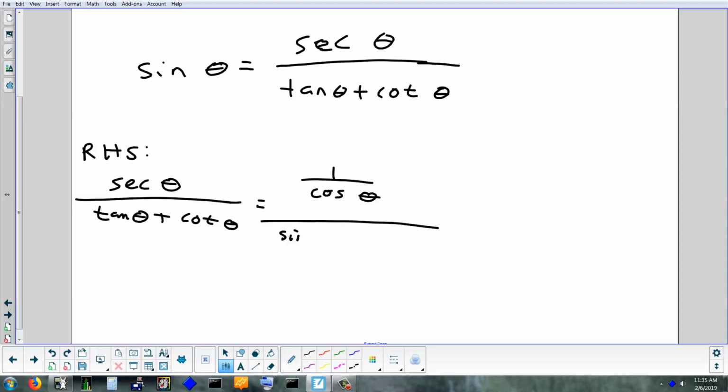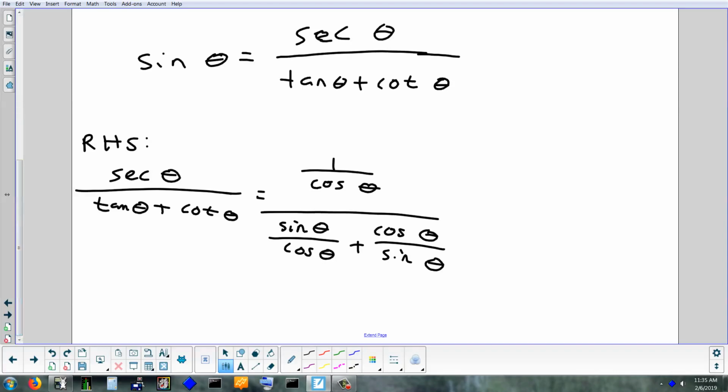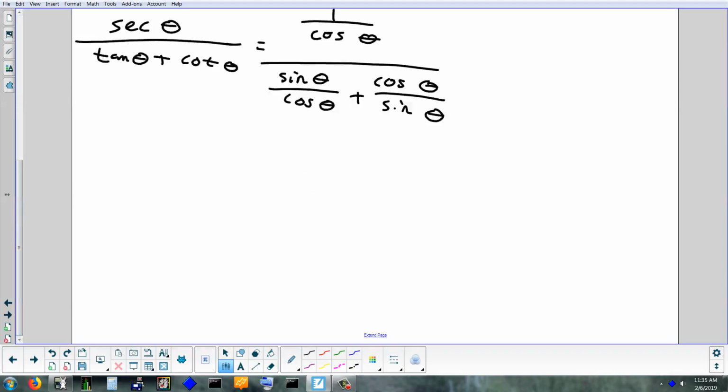Tangent, sine over cosine, and cotangent, it's cosine over sine. Now there's not really a lot you can do with the top. It's just a fraction all by itself, there's nothing to combine with it, nothing to simplify in the top. But let's look at the bottom.